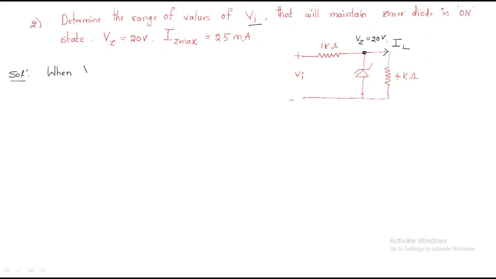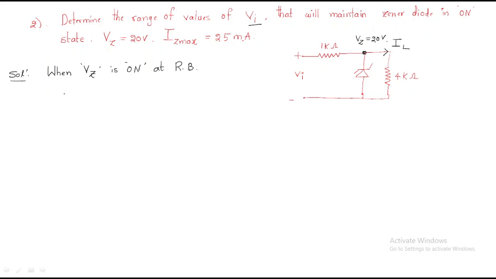When the GNR diode is on, that means it is in a reverse bias condition. It will have a minimum current and a maximum current.